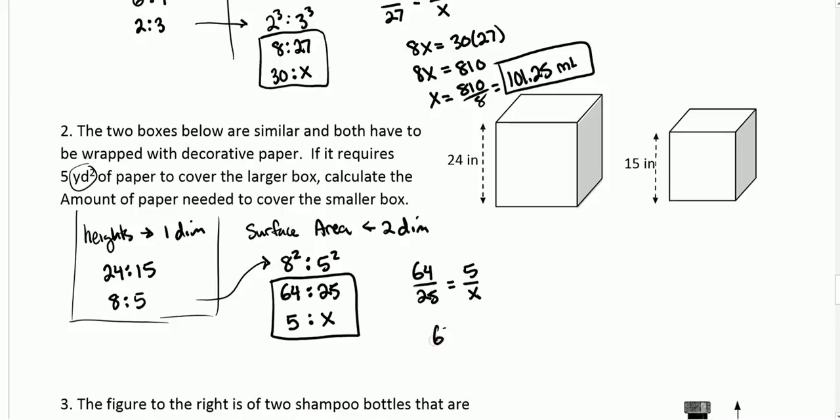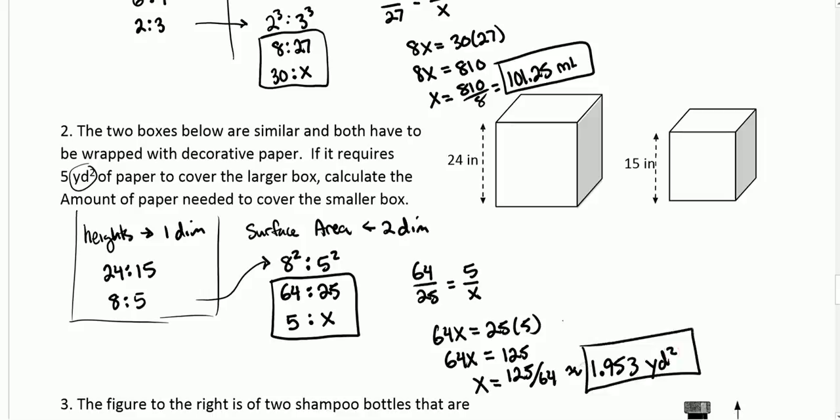So 64x equals 25 times 5, where 64x is 125. X is 125 divided by 64, which is, I'm rounding here, 1.953 square yards.